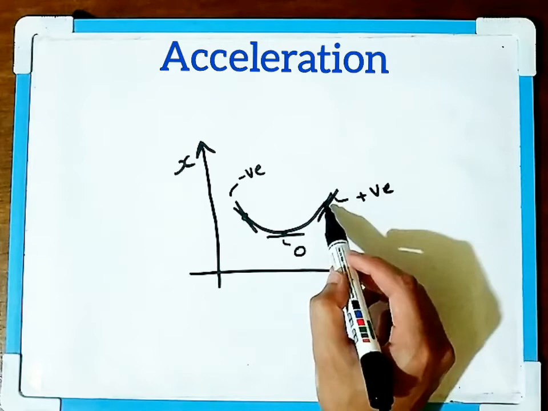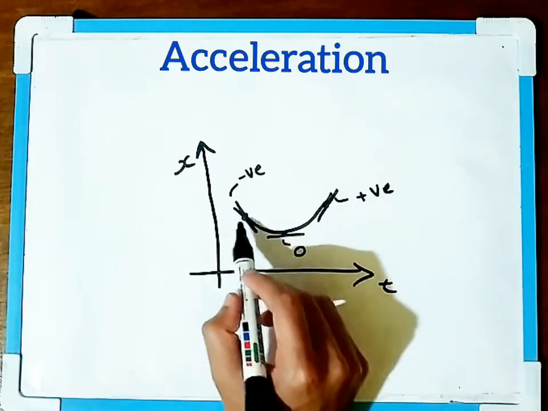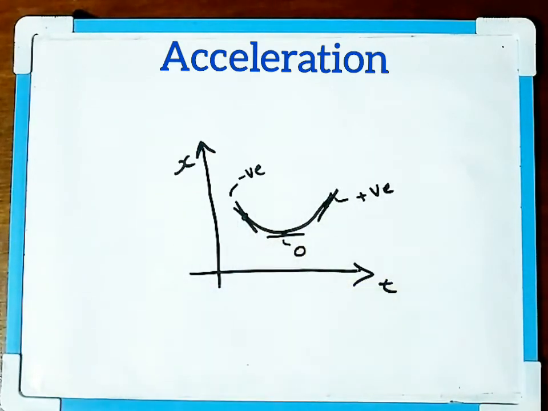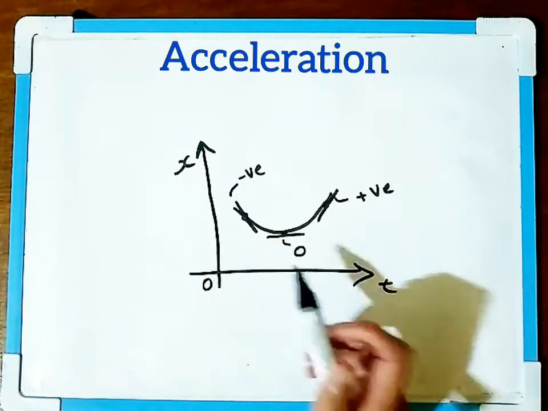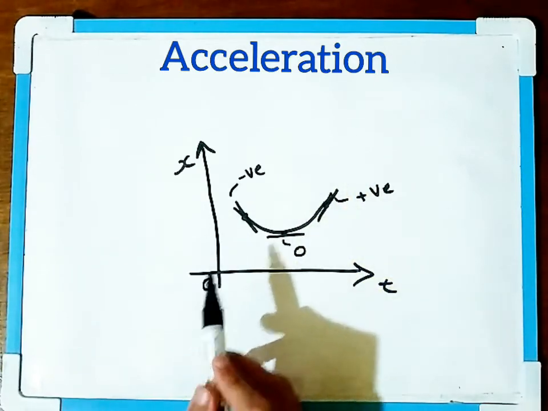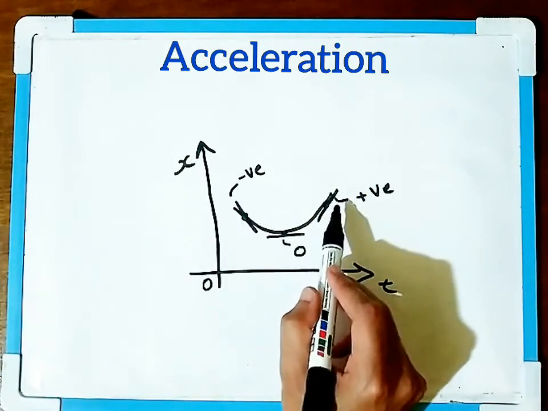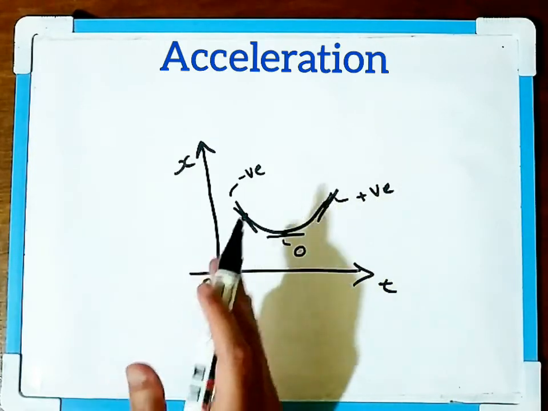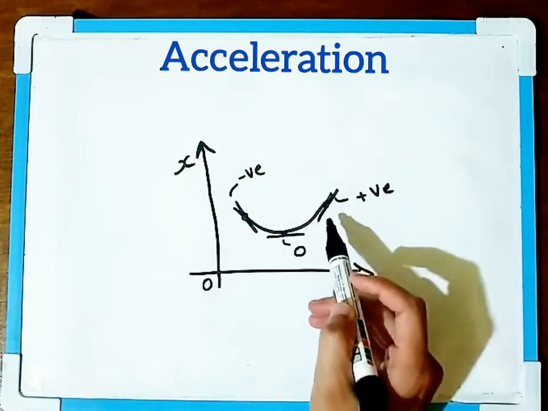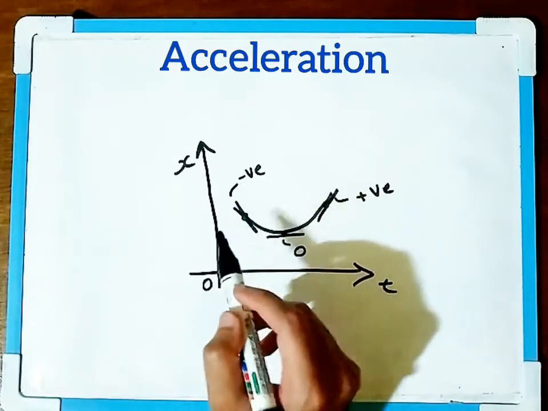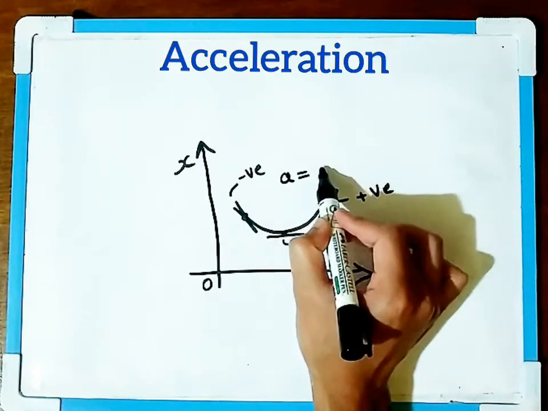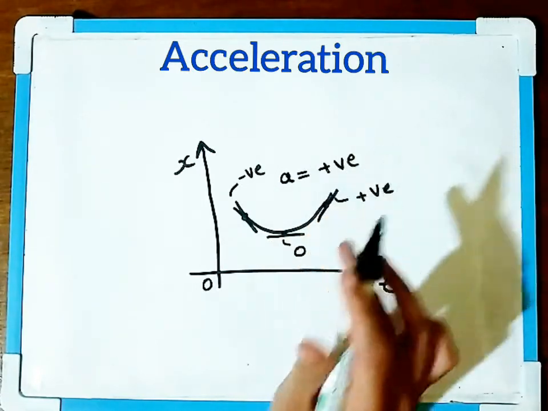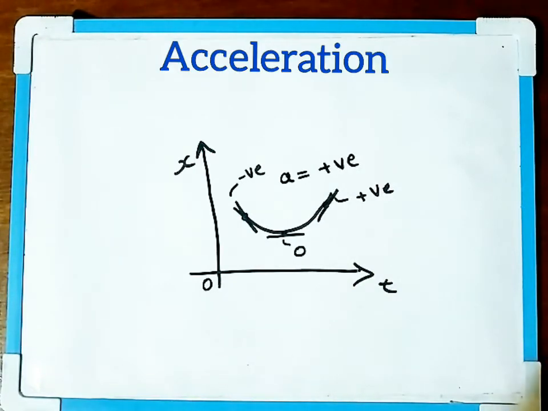As time progresses in this direction, the velocity changes from negative to 0 to positive. So you can see that the velocity is increasing from negative, which is lower, to positive, which is higher. Since the velocity is increasing, the acceleration is positive. So here we have a positive acceleration.